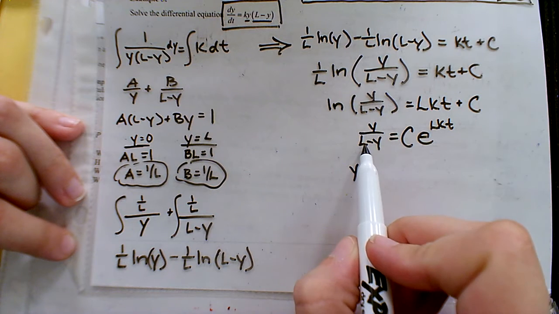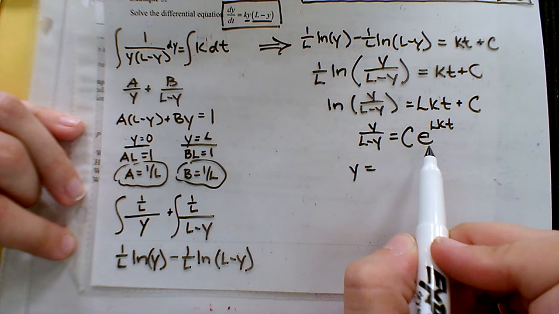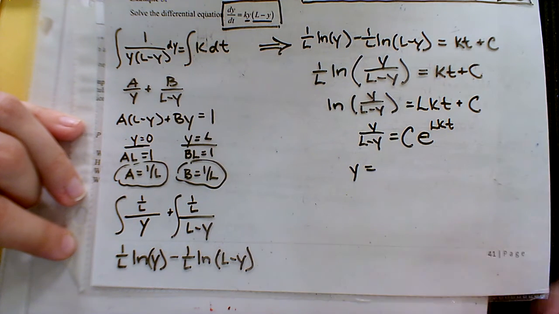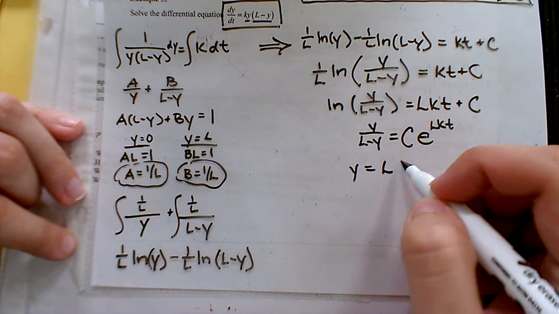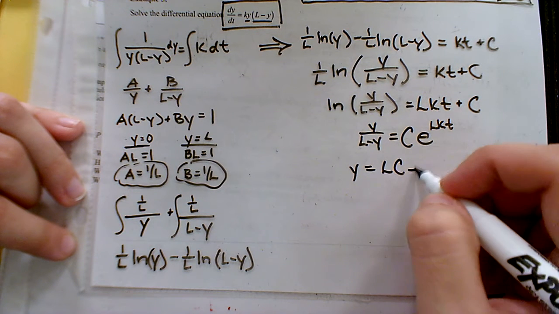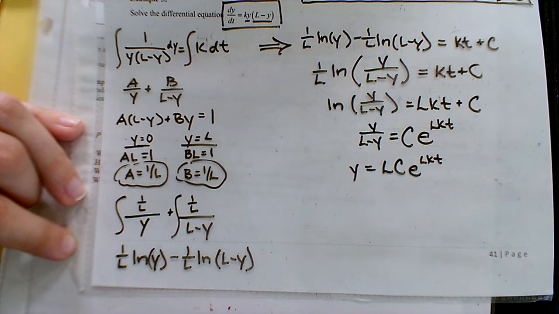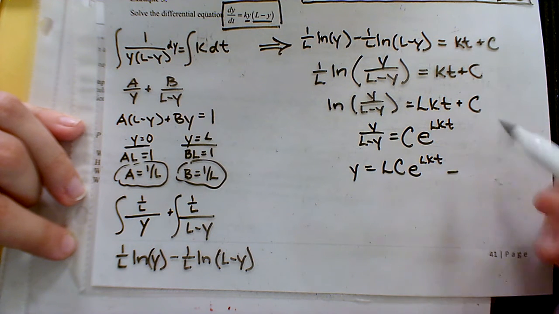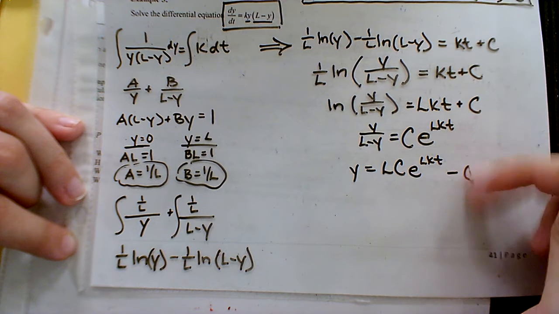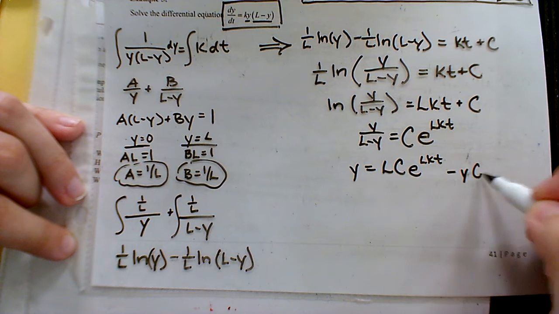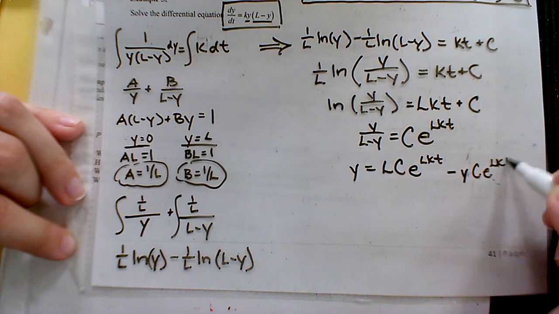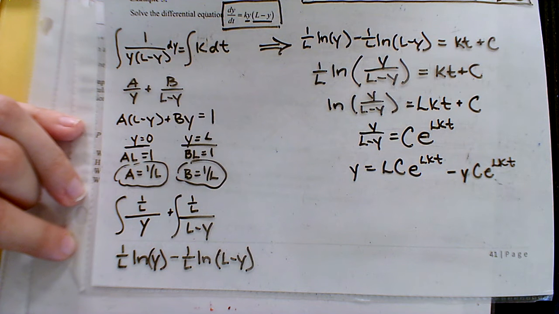So if we took L times this C e to the LKT, we'd have L C e to the LKT minus, and then we'd take the y over as well. We'll have y C e to the LKT. So that's nice because the fraction's gone.